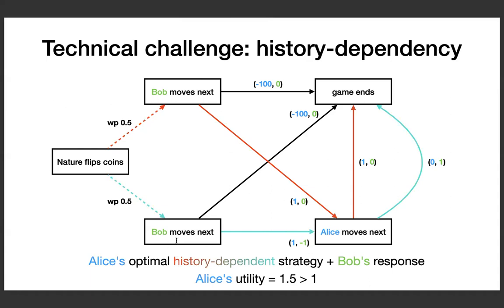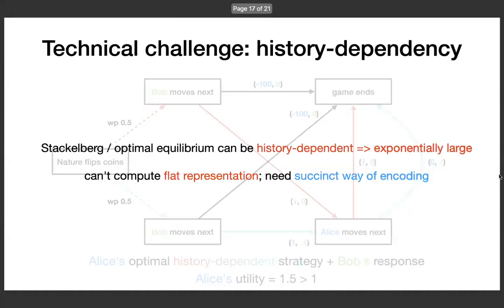If Alice does this, then the expected utility of Alice will be 1.5, which is better than 1. So this is, in fact, the Stackelberg equilibrium with extensive form correlation in this game. You can see it depends on the history of where Bob came from. So that's the tricky part of this problem.